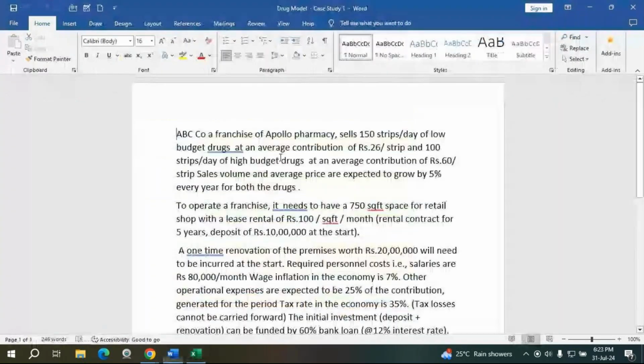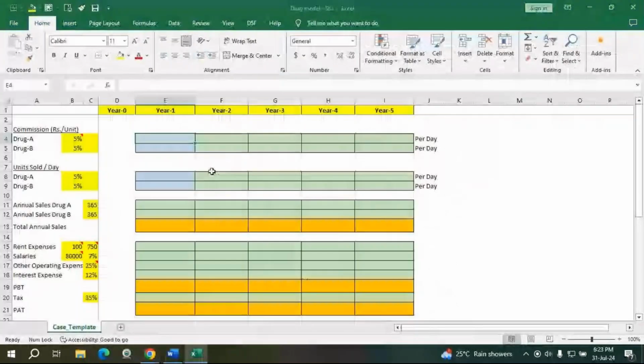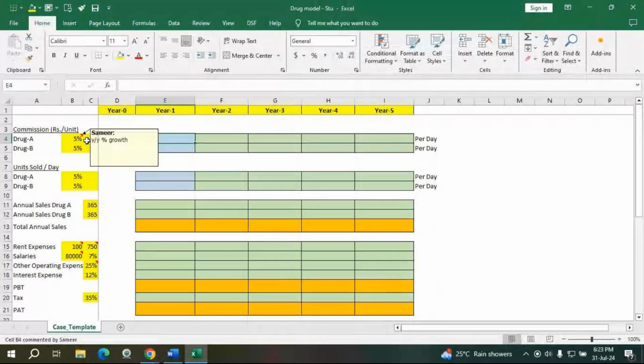They are telling that 5% will be the growth, year to year. So it equals the previous year value into 5% plus the previous year value, and drag it. The same way for drug A and B units sold also. For that we have to take 150 into 26, and then for next year's, a 5% increase we have to apply.